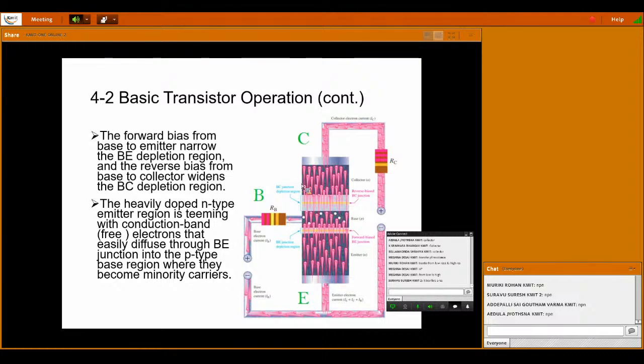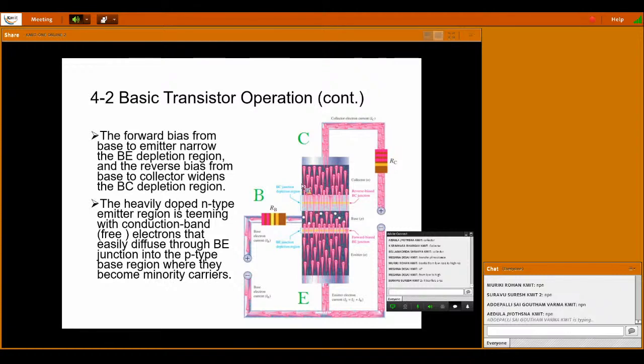In the same manner, in a common collector configuration, output current is IE and input current is base current. So IE by IB is your current gain in common collector, which is known as gamma.